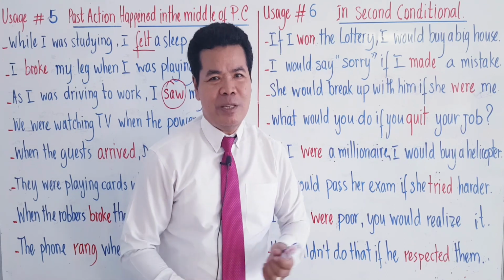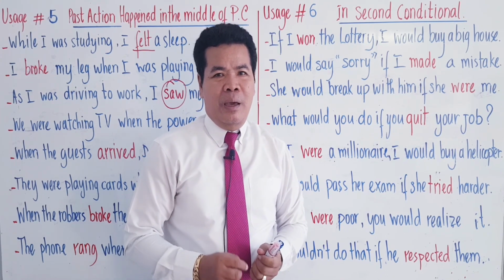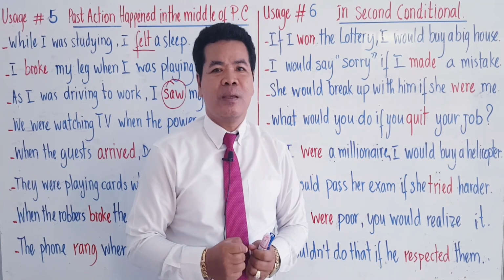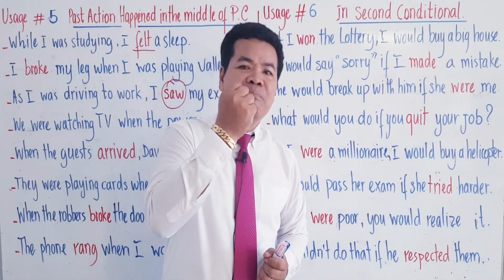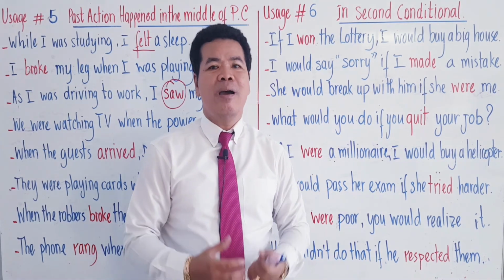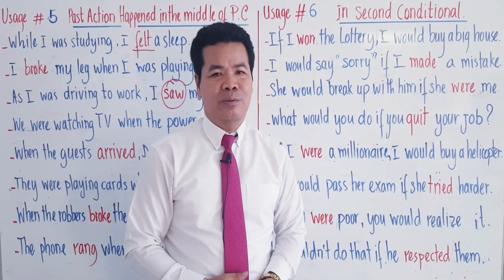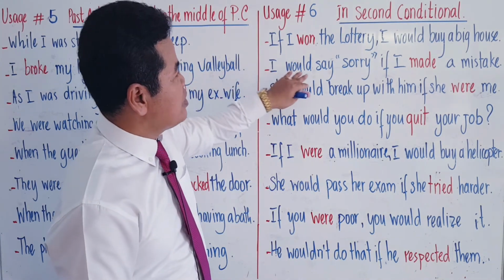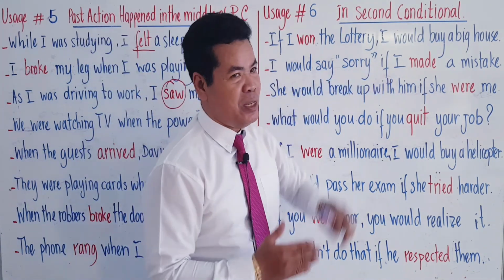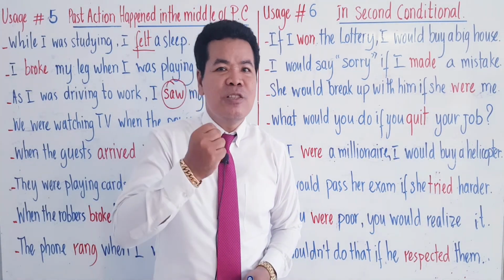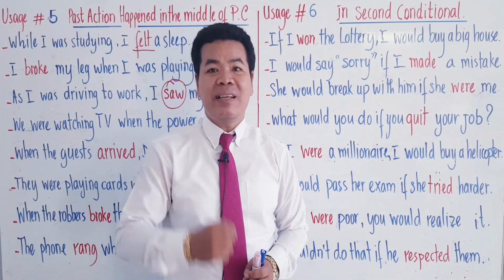The action or situation is imaginary or hypothetical or impossible. So we say, I would say sorry if I made a mistake. But the reality is that I did not make a mistake.